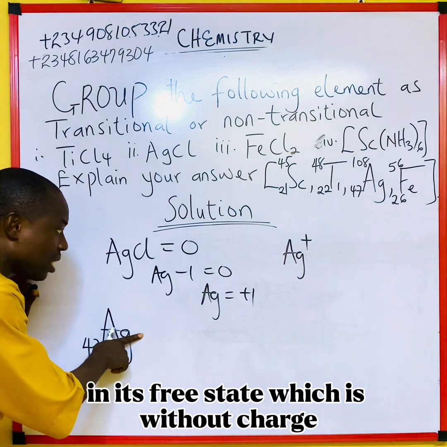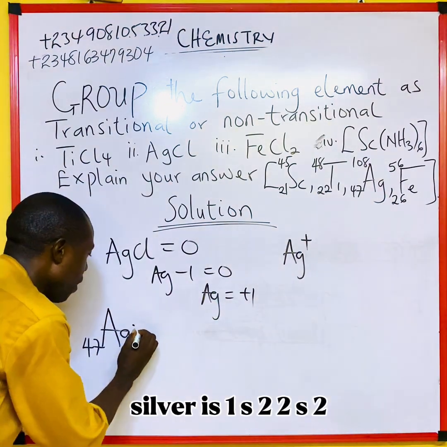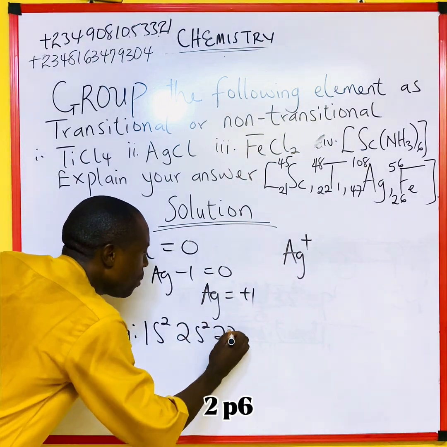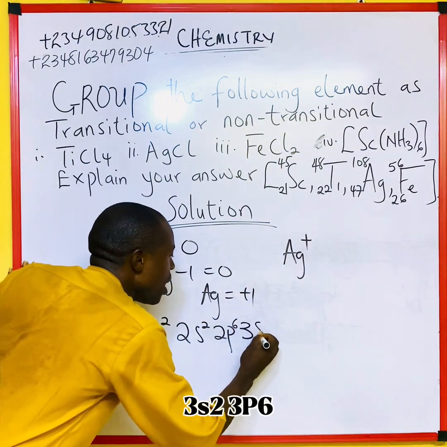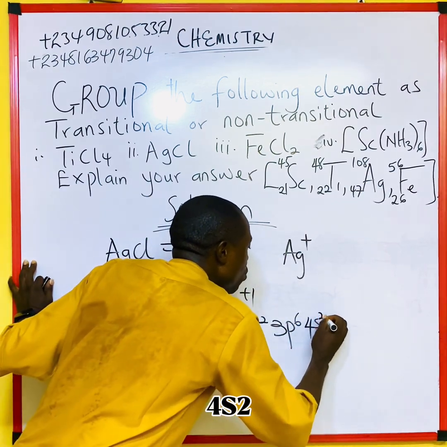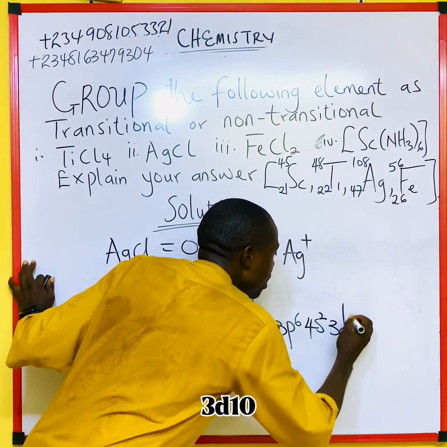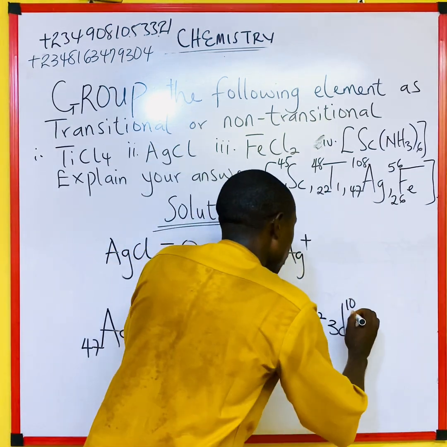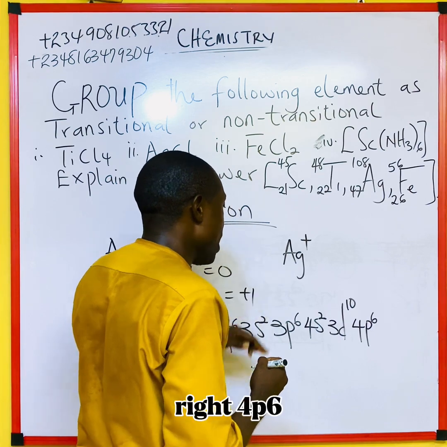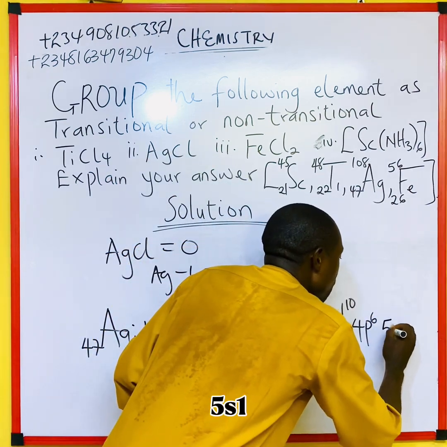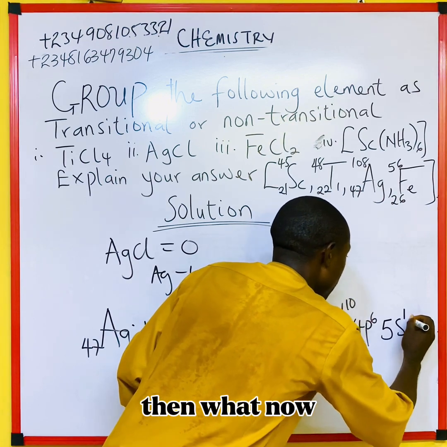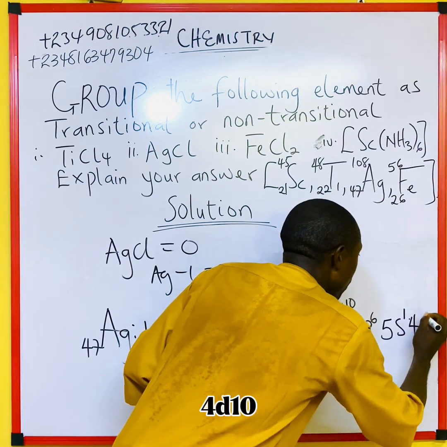In its free state, which is without charge, silver is 1s2, 2s2, 2p6, 3s2, 3p6, 4s2, 3d10, 4p6, right? 4p6, 5s1, then what now? 4d10.